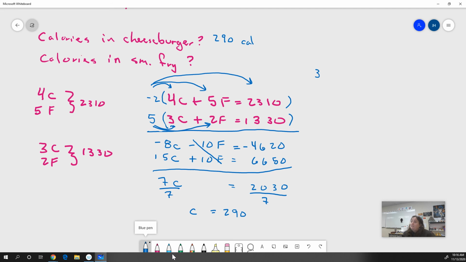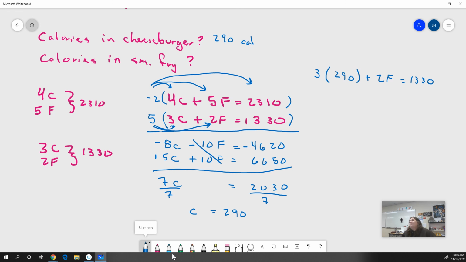So I've got 3C. What we know about C is that it is 290, plus 2F, which we still need to figure out, equals 1330.